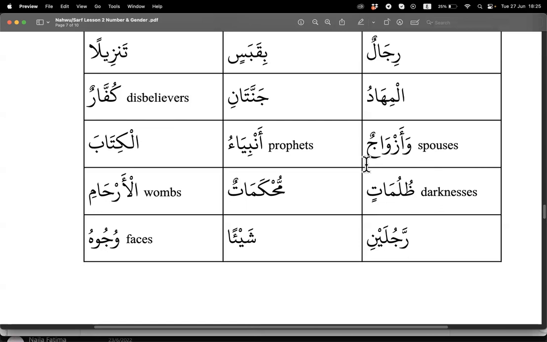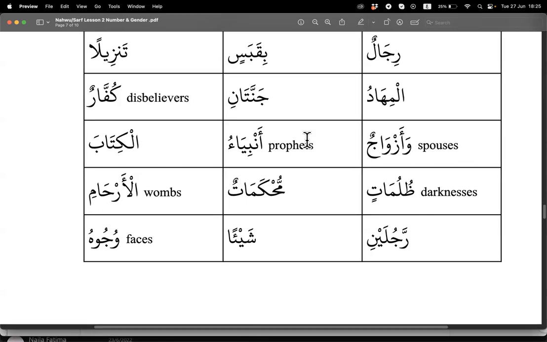Wa azwajun. Azwajun is rafa, spouses, so it is singular feminine. Yes. So this is human also, right? So actually we have two choices.